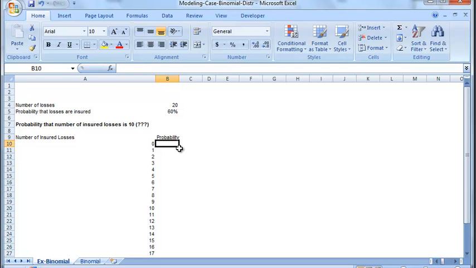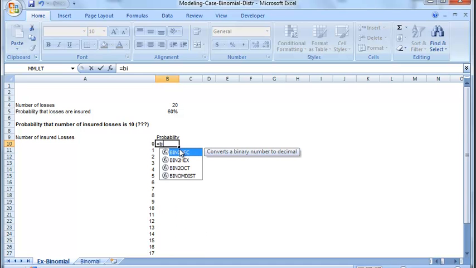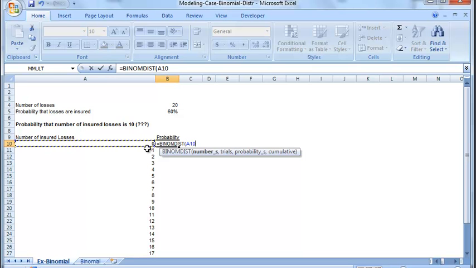We need to find out the probability that the number of insured losses is equal to 0. So we will make use of the function BINOM.DIST, and it requires the number, that is the probability that x is equal to x. Then it requires the total number of trials, which is equal to 20.